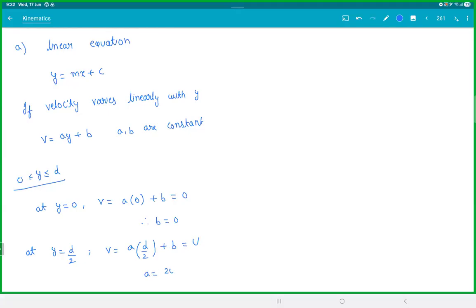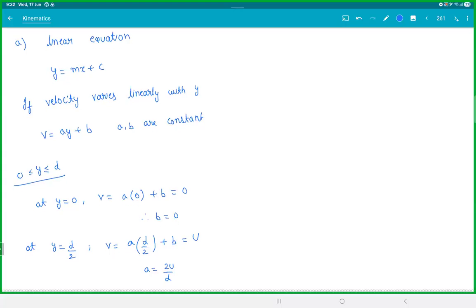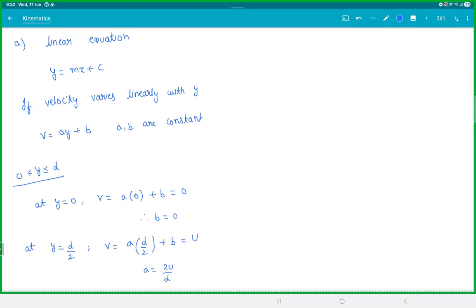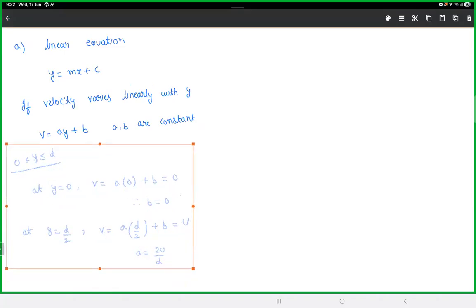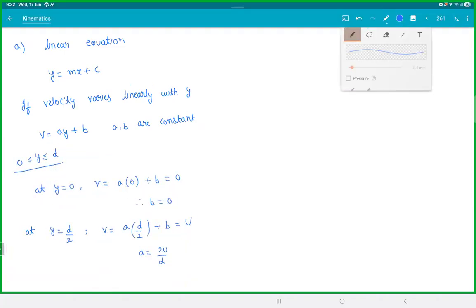So a is equal to 2u by d. Then your answer will look like this: velocity is given by 2u by d into y. But remember, this is only valid till, my mistake, d by 2.